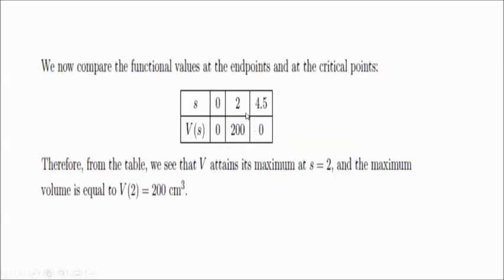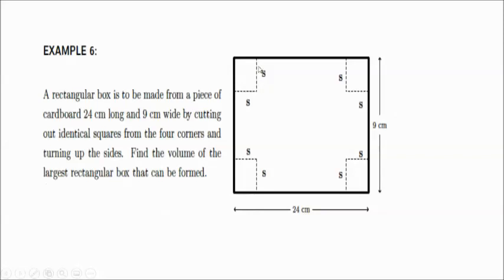Therefore, di ba kanina kapag 0 at 4.5, 0 yung volume. Pero pag 2, marireach yung maximum na volume, class, which is 200. Therefore, yung S natin na hinahanap is 2 cm para dito. Para ma-maximize yung volume ng box.